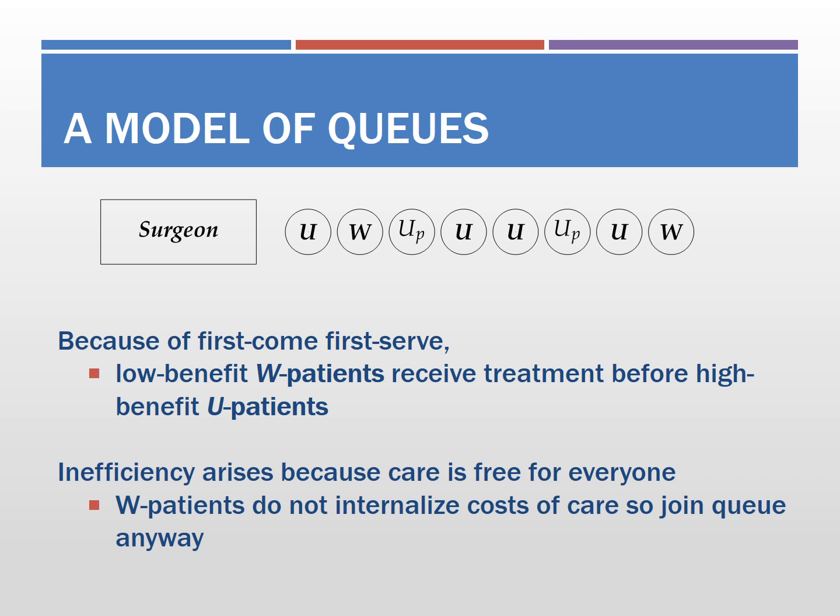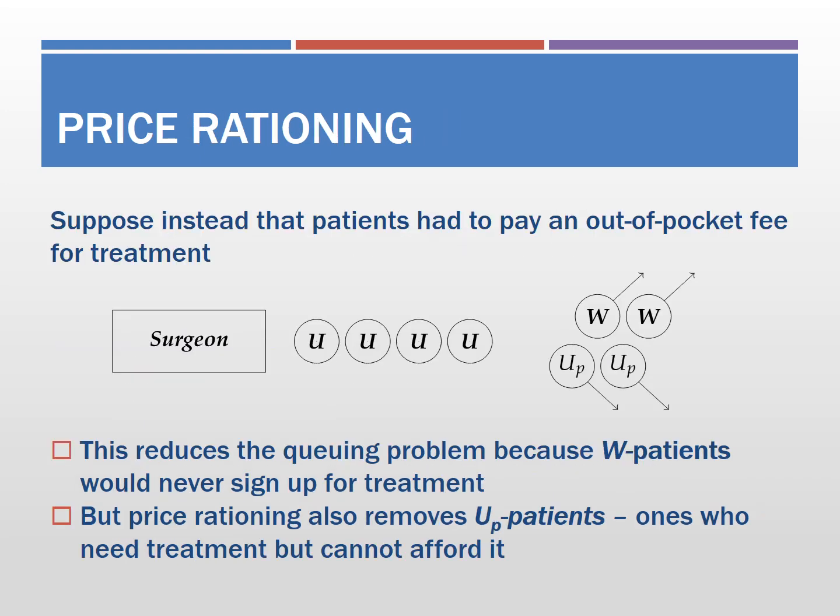So one way to solve this problem is by adding price rationing to the service. Let's suppose that instead of patients getting the service for free, the government asks people to pay some amount of out-of-pocket fee for the treatments.